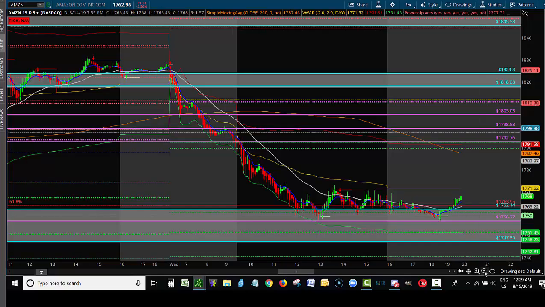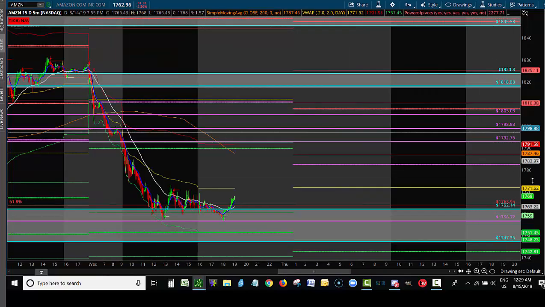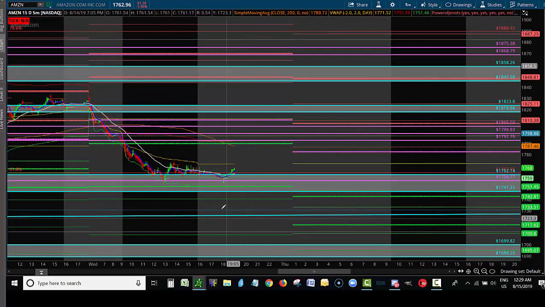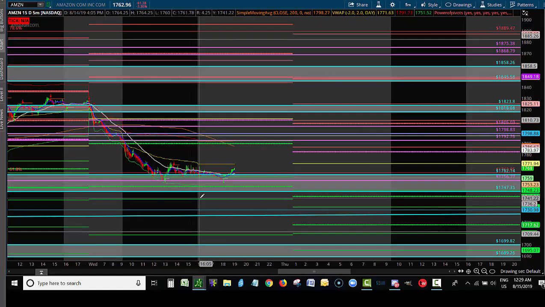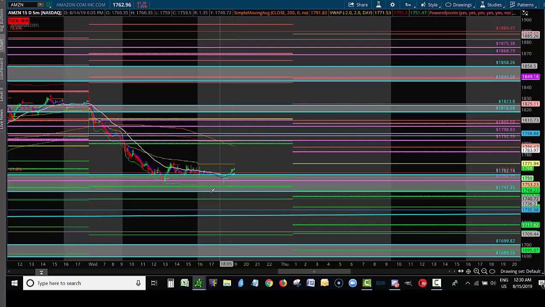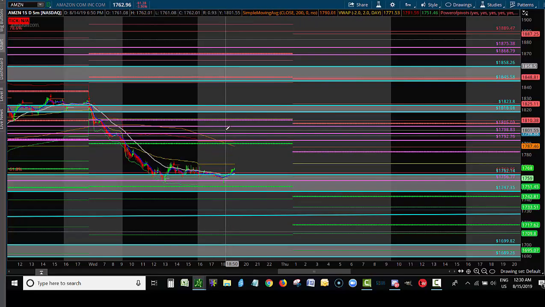So if we zoom out, below this 1762, 1747 supply demand zone, our next supply demand zone is 1689 by 1699. Now we have pivots in between and areas in between, but I like to take it zone to zone if the momentum is proper. If we have the proper momentum and the proper catalyst, I'll take whatever trade that I'm in.